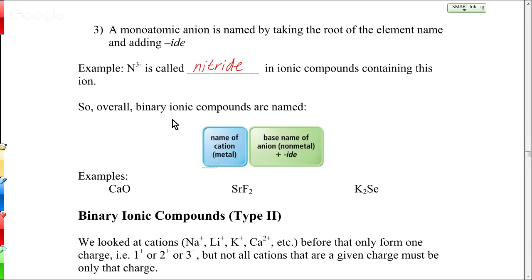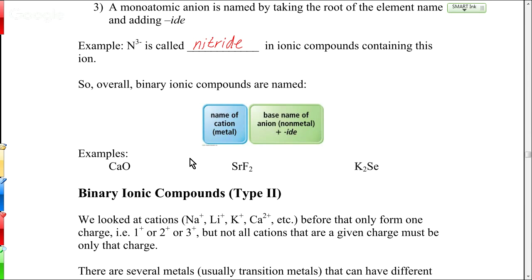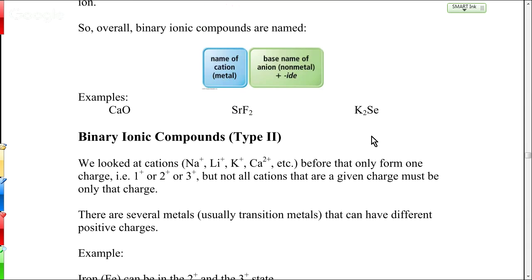Yeah, thanks. Right. And then what about K2Se? We know K, right? What's K? Potassium. What's Se? Selenium. Yeah. So what would K2Se be? Close. Yeah. Add one more little syllable in there. Yeah, potassium selenide. So calcium oxide, strontium fluoride, potassium selenide.